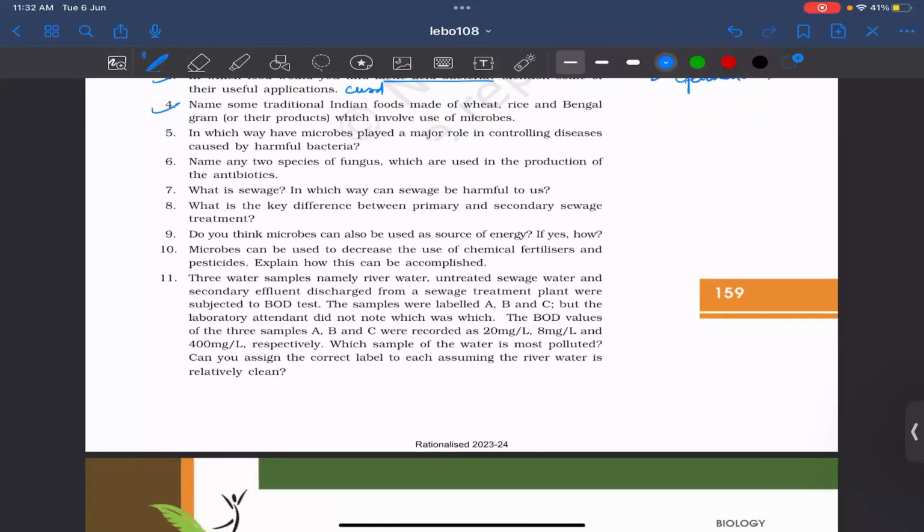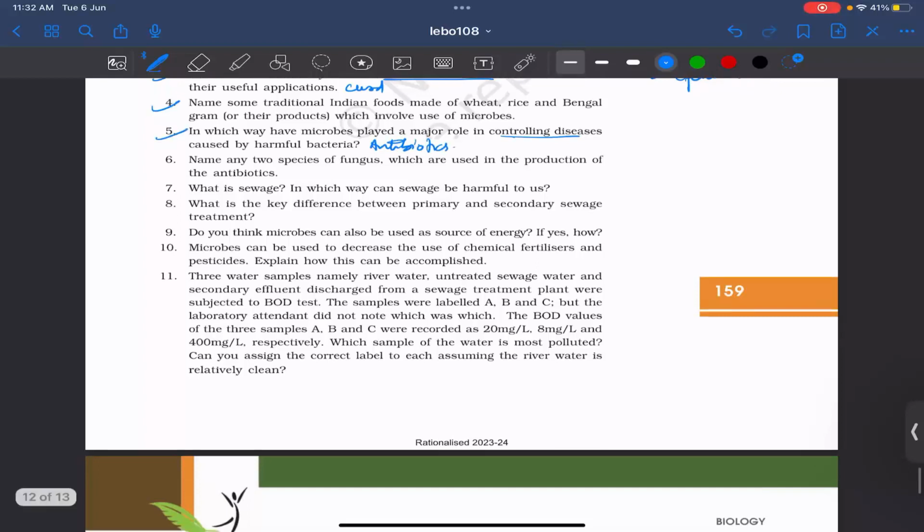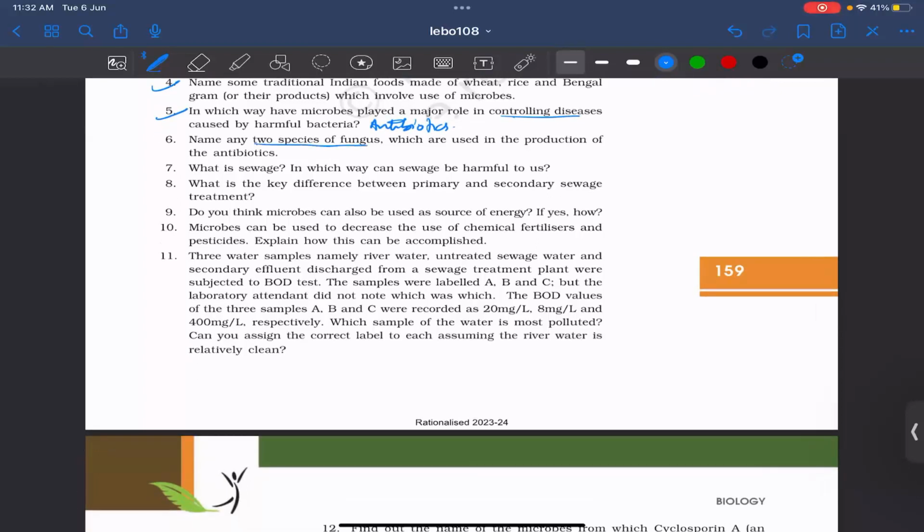Then next we will have mushroom diseases and their examples you can see. Then next we have two species of fungus and the antibiotics produced. First can be penicillin, which is produced from Penicillium notatum, and next is cephalosporin, which is produced by Cephalosporium acremonium. I'll just write it down.